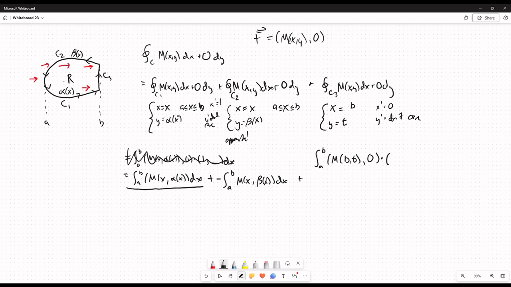I'm dotting that with the derivative of the x component of my parameterization and the derivative of the y component of my parameterization. I should notice that these aren't actually a to b. They're actually totally different values. I'll call them c and d, but I will fundamentally not care what they are. Because when I actually do this integral, it's going to be a really interesting integral over the function 0, which is going to be 0. So this whole part goes away.